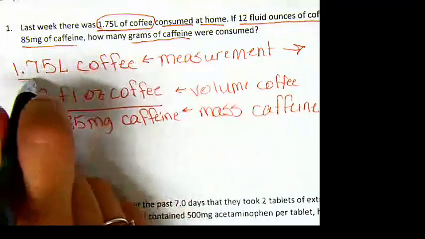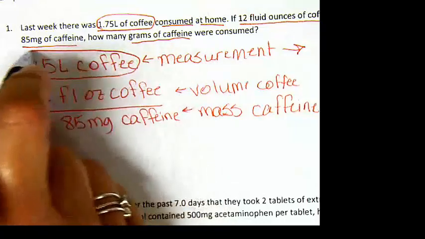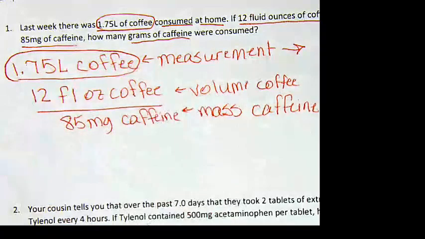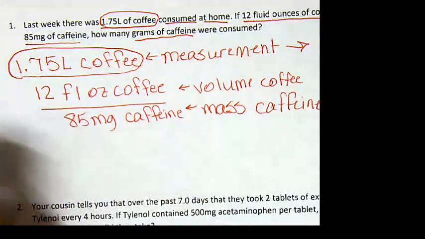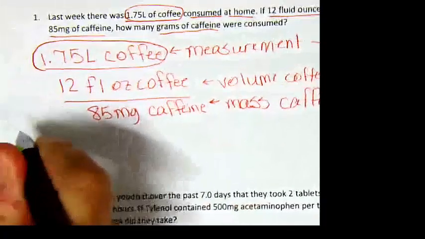What always goes first is the measurement, because this is what you're trying to convert. That is the focus of the problem. So you do not begin with the conversion factor. That is not the focus of the problem. It is just a tool to get to the answer. And so we always begin with the measurement.